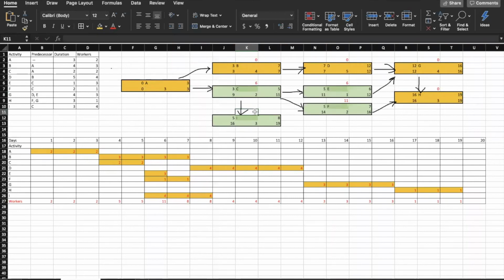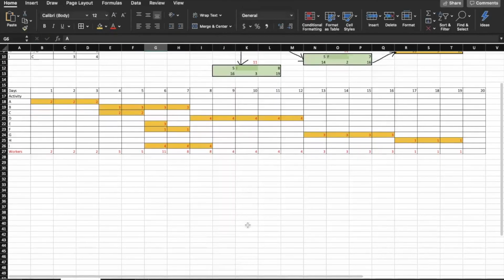Looking at I, we have 19 and 8, which would give us a free float of 11 days. And for A, we have 3 minus 3, which would give us a free float of 0.